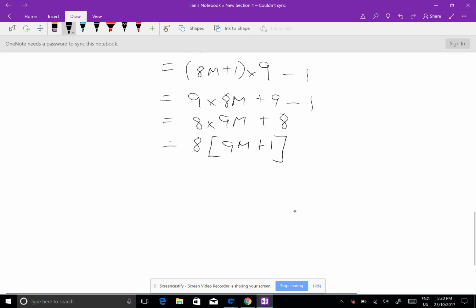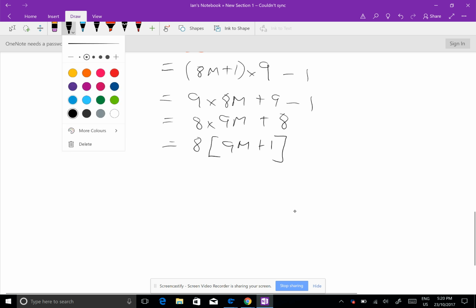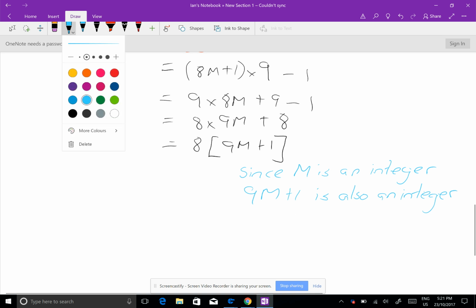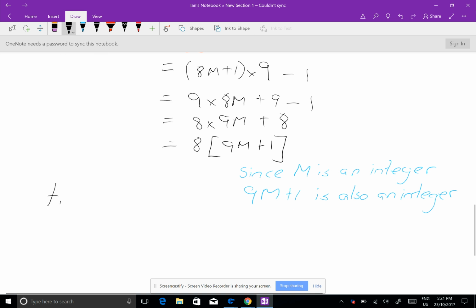And since m is an integer, 9m plus 1 is also an integer. So, true for n equals k plus 1.